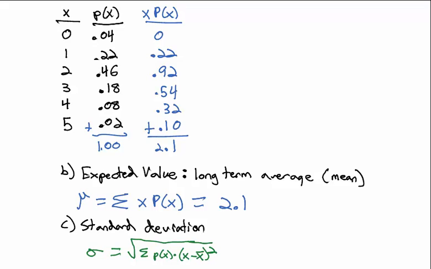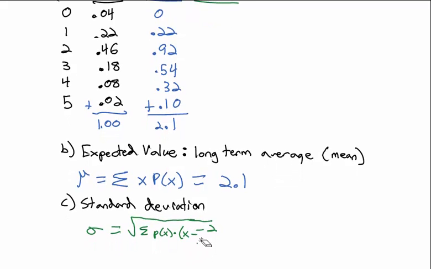So first we need to figure out, working our formula inside out, what x minus mu is. We're subtracting 2.1. 2.1 is our x bar, or it should be mu actually, would be even better. Let's go ahead and change that. Let's make that mu in our formula, the average.